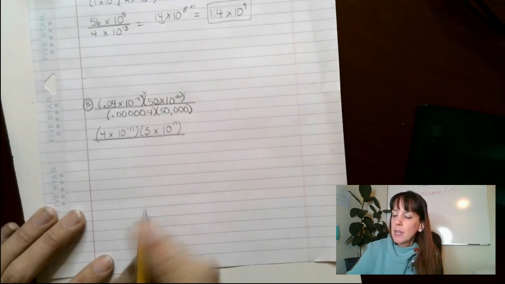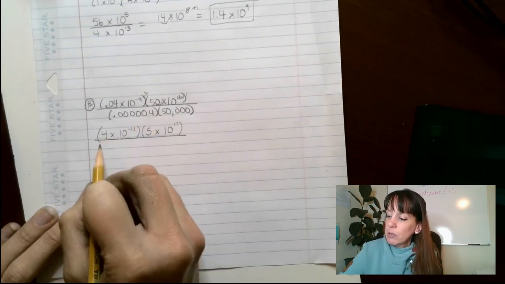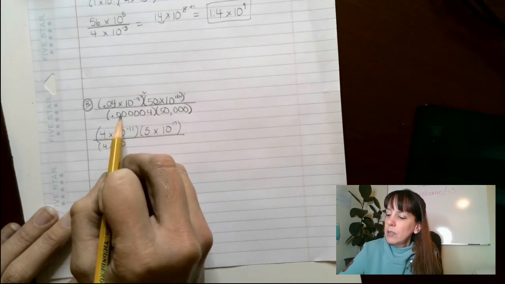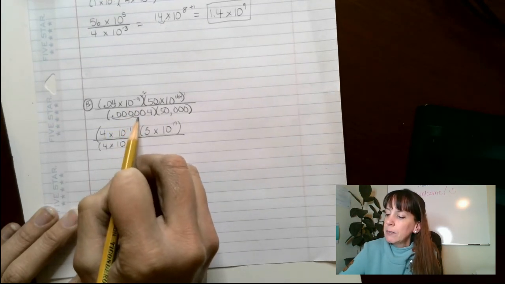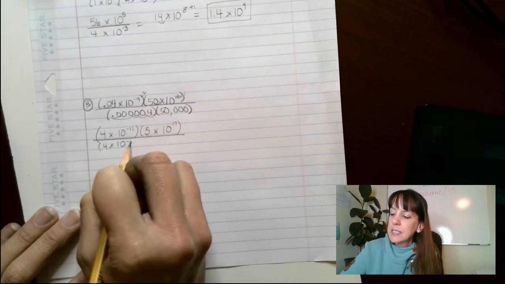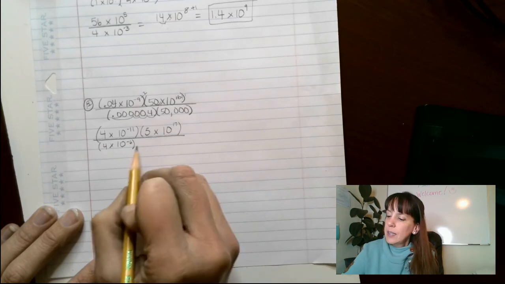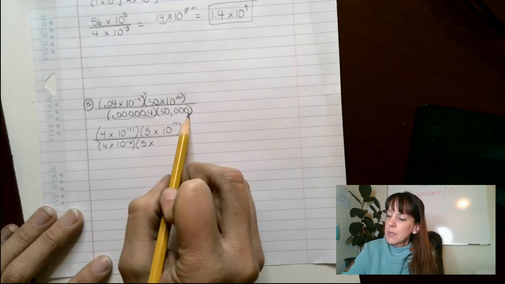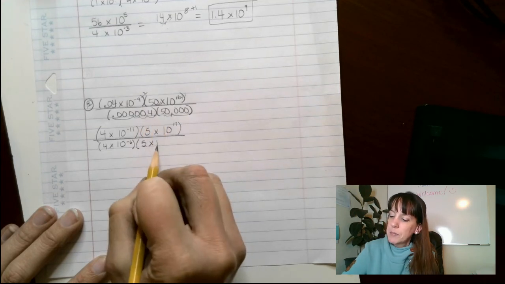Divided by, it's going to be 4, right? 4 times 10 to the 1, I'm going to do 3, so 3, 4, 5, 6, so to the negative 6, okay? 5 times 10 to the 3, 4 times 10 to the 4th.